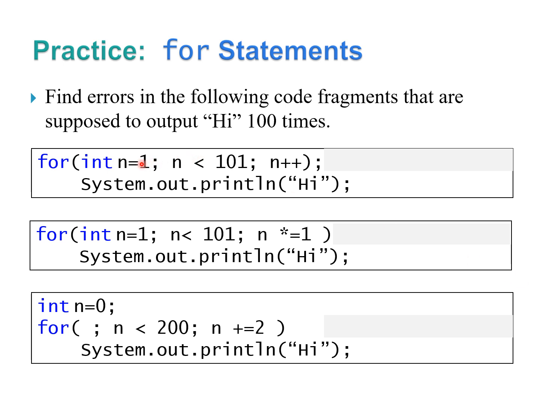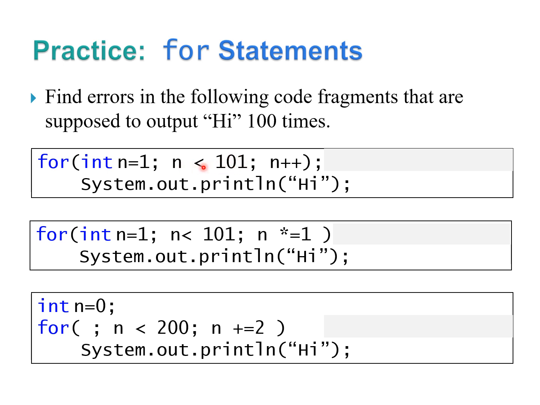Here are 3 more code fragments that are supposed to output the word hi 100 times, but they may have errors, either syntax error or logic error. Okay, so let's consider the first one. What error does it have here? So note that here the errors can be very tiny to notice, and so here we don't have the off by one error because we changed n less than 100 to n less than 101.